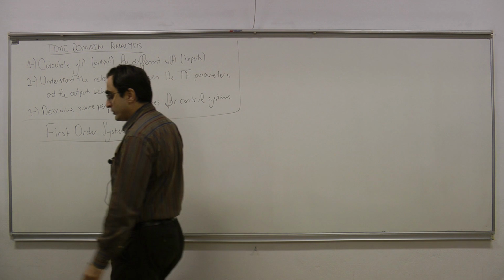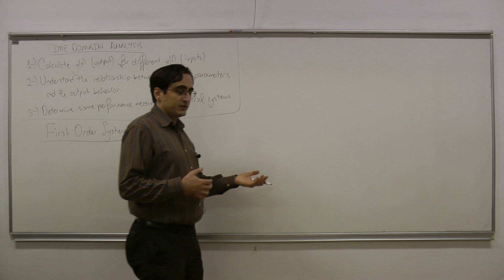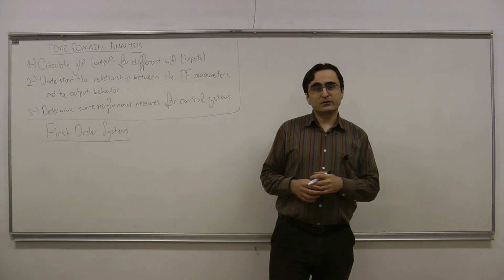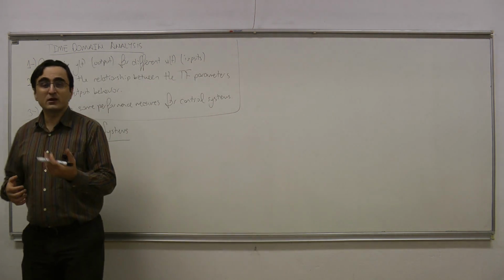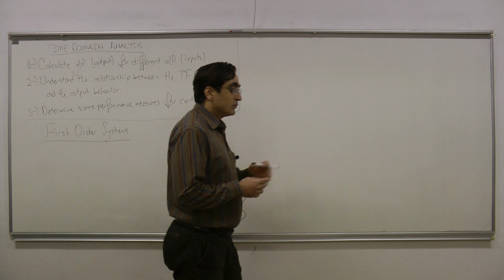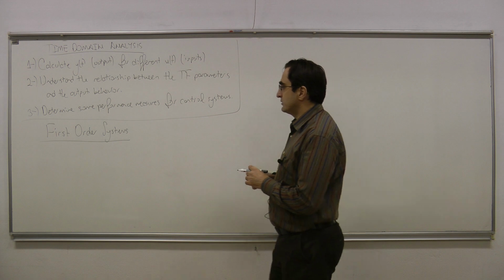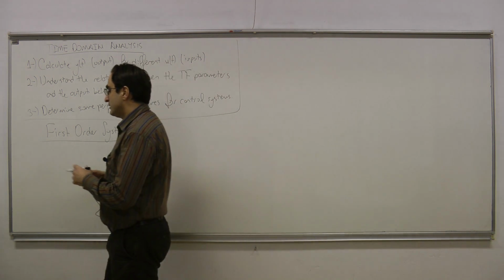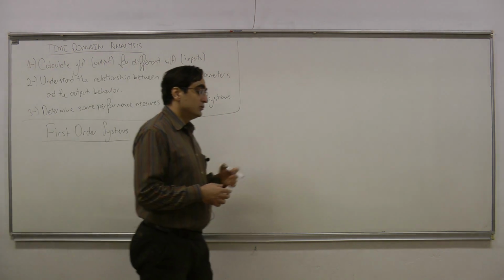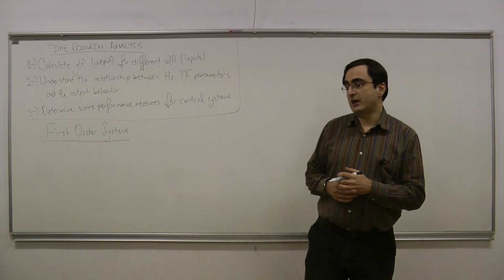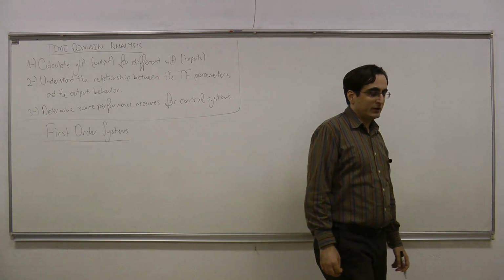And actually these are going to be all, because at the end we are going to see that the outputs of all different orders of systems can be written as a linear combination of first order systems outputs and the second order systems outputs. So we're going to be considering only these two types of systems, and we will see at the end that we can express the outputs of all different order systems using these two different behaviors. So when I say a first order system, what do you understand?